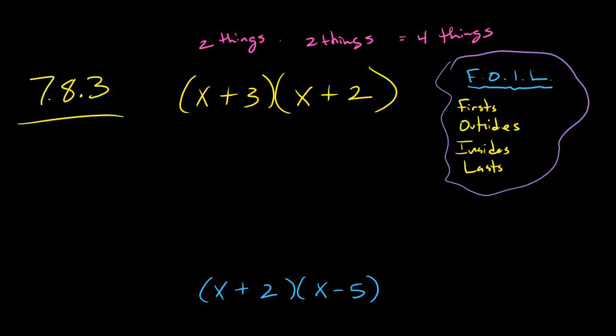So if you've seen this before, FOIL is an acronym to kind of guide you how to multiply it out. And for some of you, FOIL makes it harder. For some of you, FOIL makes it a lot easier. I'm just going to teach you both ways. But FOIL is important to know because you're generally going to hear somebody talk about foiling, whether you actually use it or not.